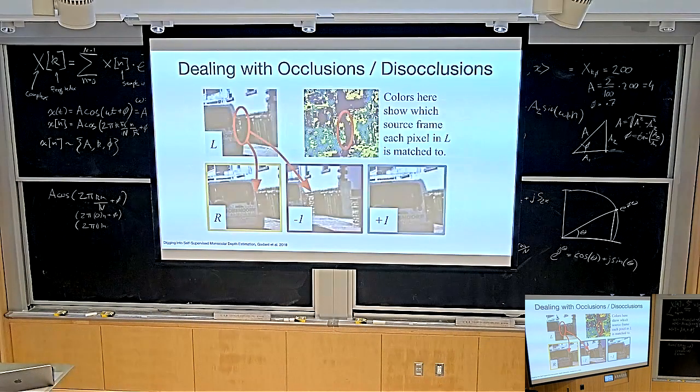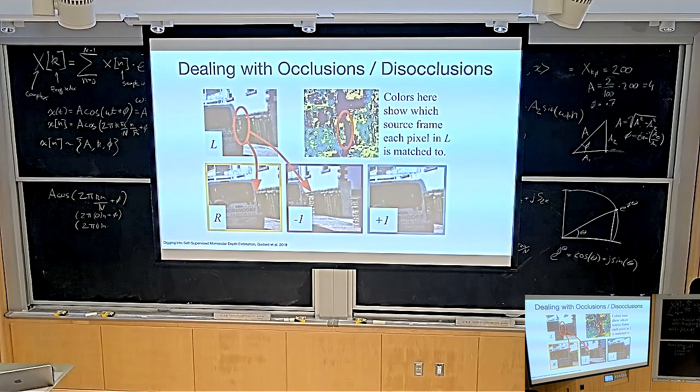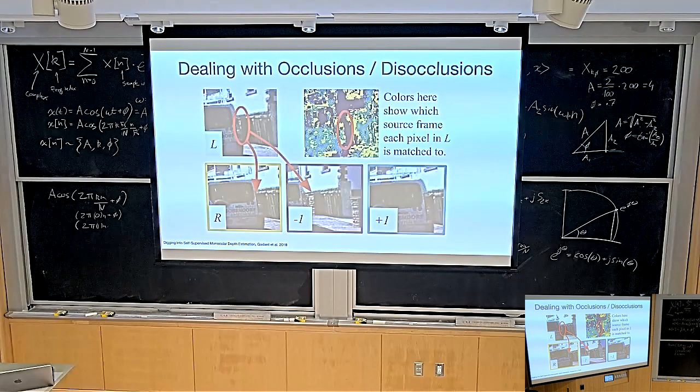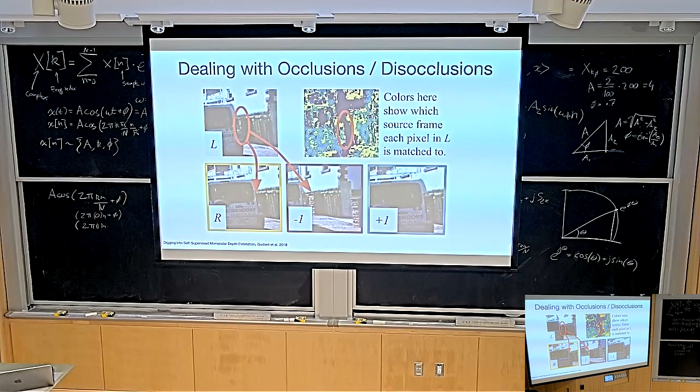And here you can see what that looks like. Here we have a frame: this is the frame T, this is the frame T minus 1, and this is the frame T plus 1. The colors in this image tell you whether the pixel was generated by the next frame or by the previous frame.